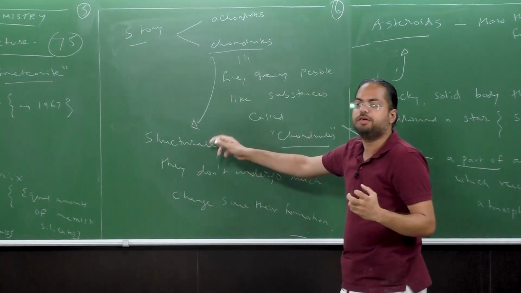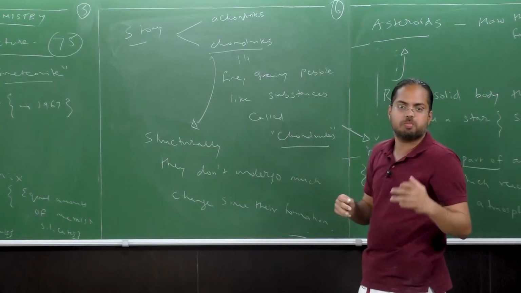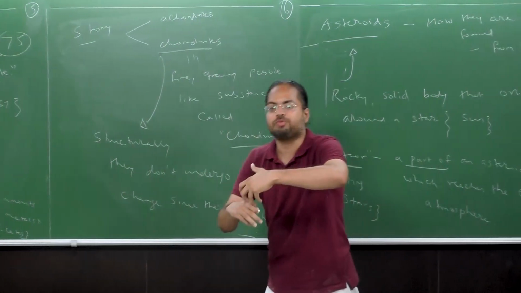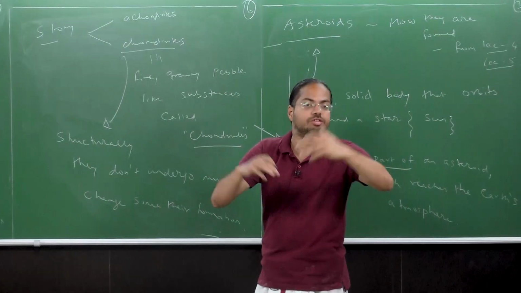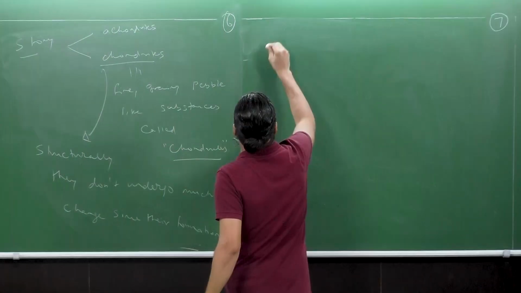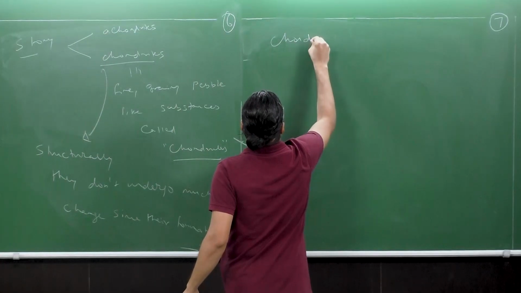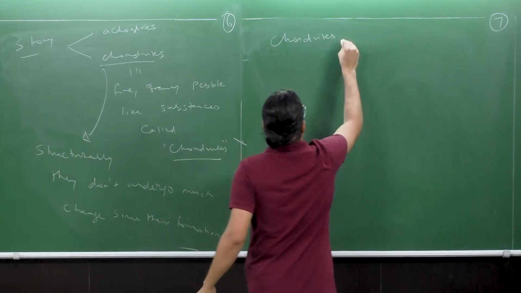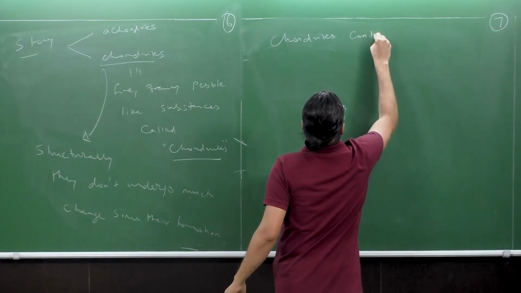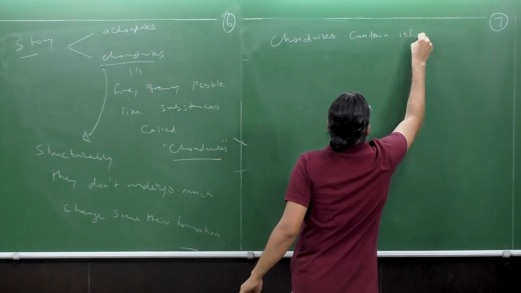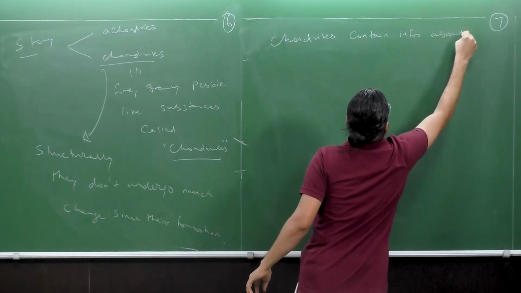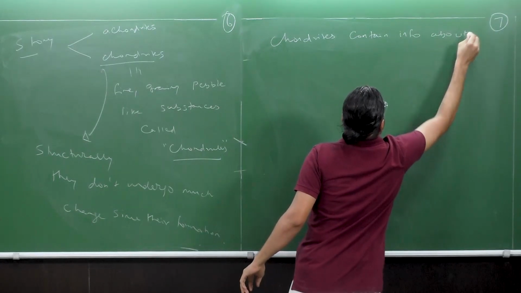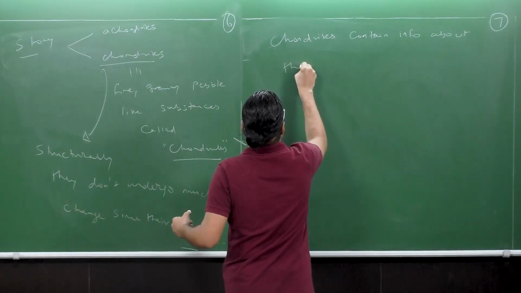The chondrites therefore contain information about how the planet itself has formed, how the planetary system, how the solar system formed, and so on. So the chondrites contain information about the early processes.